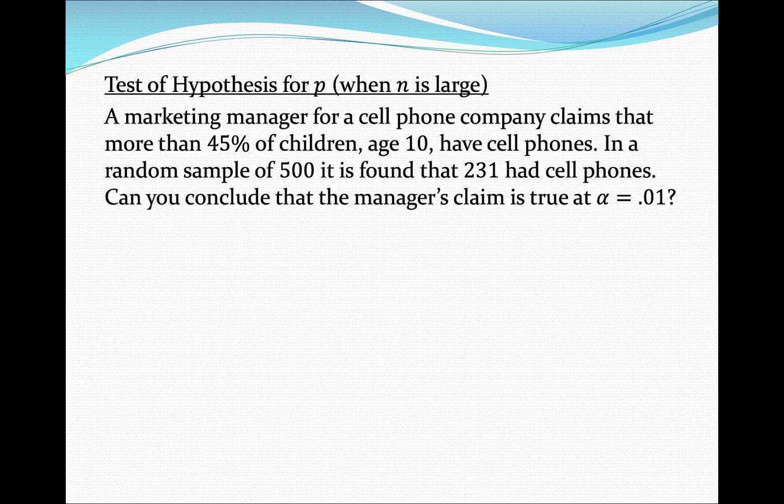One other type of problem that we're going to deal with in this section is that we will also estimate or perform a hypothesis test for a proportion. When you're testing a proportion, because of the way standard deviation works with a proportion, we actually need large samples.